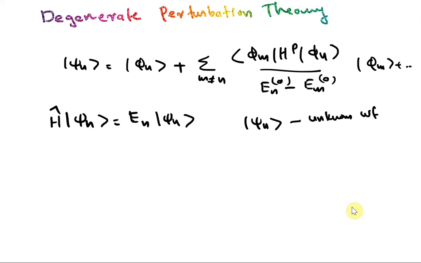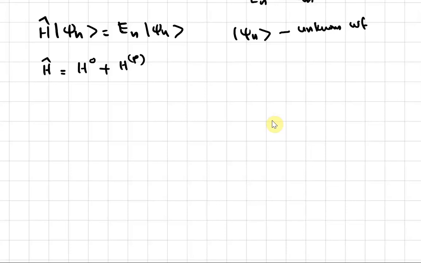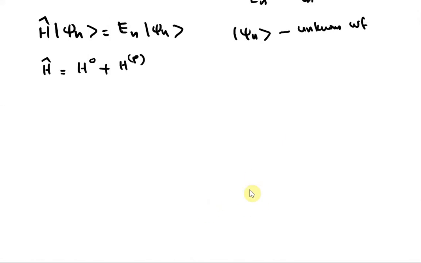The Hamiltonian for the unknown problem we can split into two parts: H naught plus Hp, a perturbing component, and both of these act on the wave function.